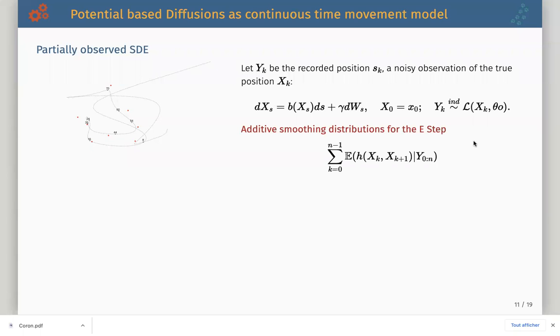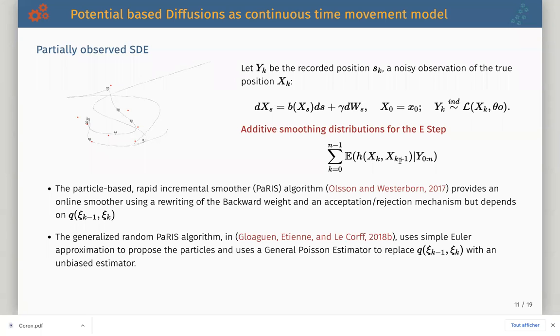And if you look at this, you can see that if you are using some EM algorithm, you should estimate this kind of quantity, and this quantity just involves two successive positions. It's a sum over the whole trajectory of only two successive positions, thanks to the Markov property.